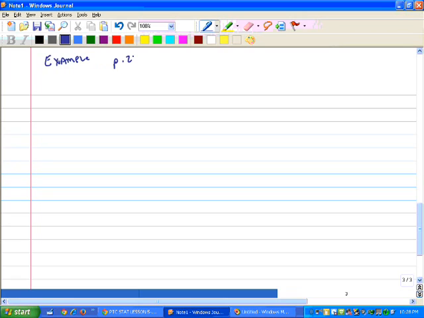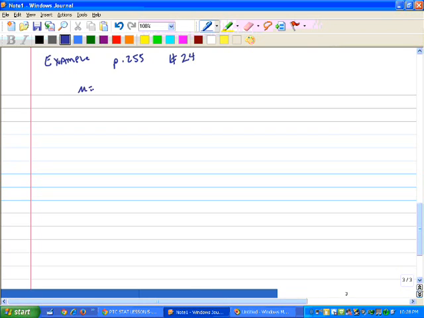Let's look on page 255 at number 24. It says to use the normal distribution of women's total cholesterol levels in exercise 10, for which the mean is 197 milligrams per deciliter and the standard deviation is 37.7 milligrams per deciliter.